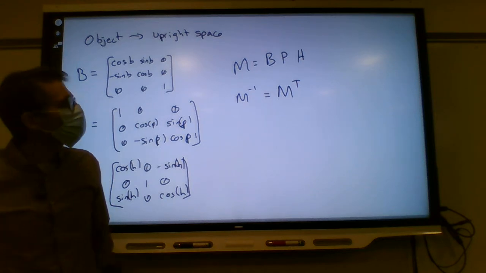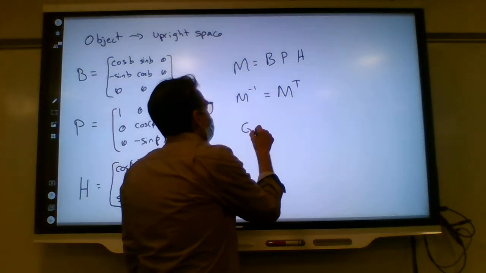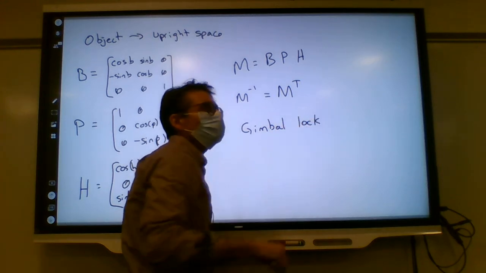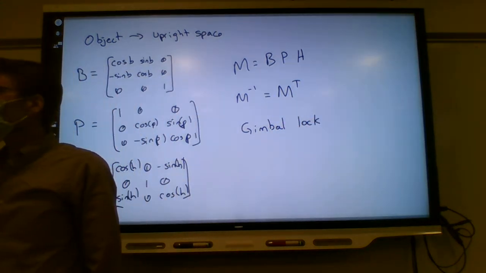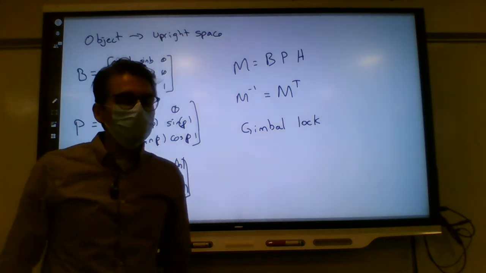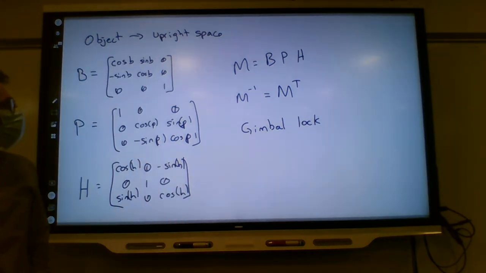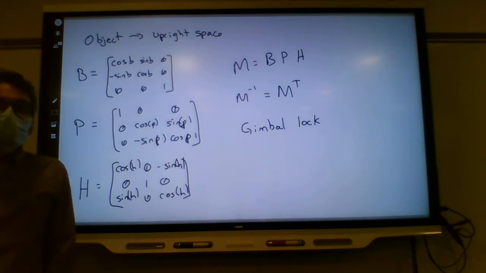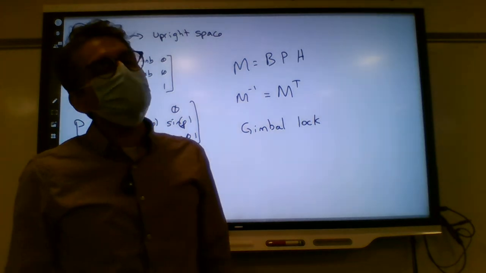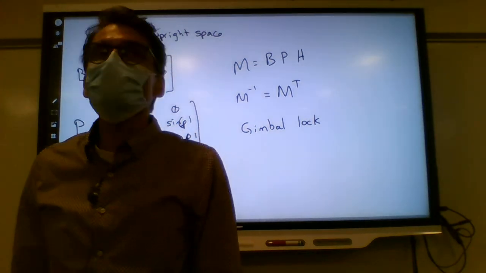Now, there are lots of issues that come up, some other things. Something that we'll talk about later called gimbal lock, which is a problem that happens with Euler angles. Some other concerns and some things that happen. But if we're thinking about matrices for doing these operations, there can be a lot of calculations that take place.